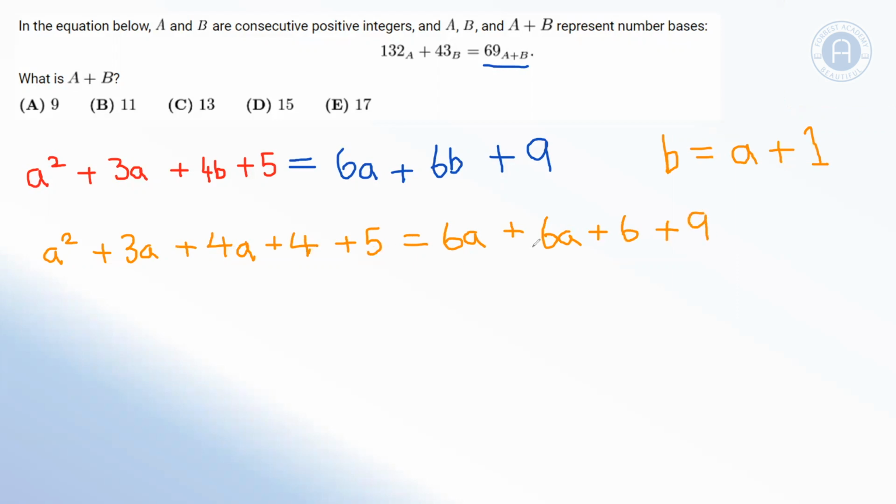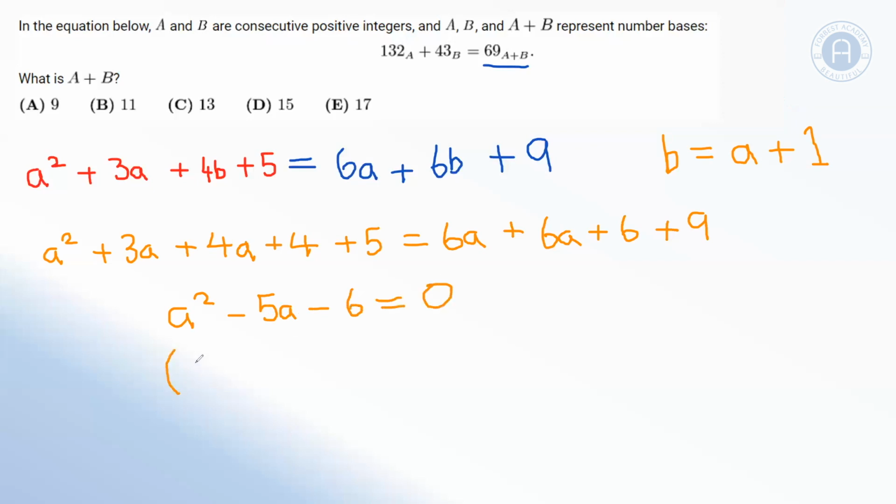We have everything in terms of A now, so let's form ourselves a quadratic that's equal to 0. And that will be A squared minus 5A minus 6 is equal to 0.